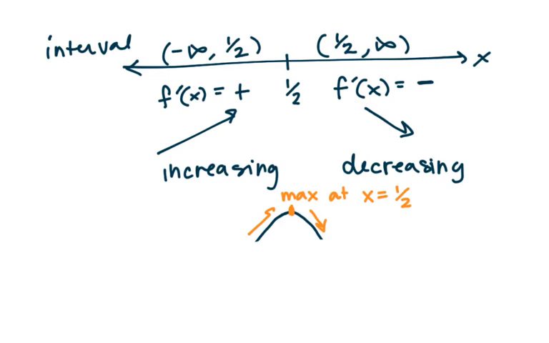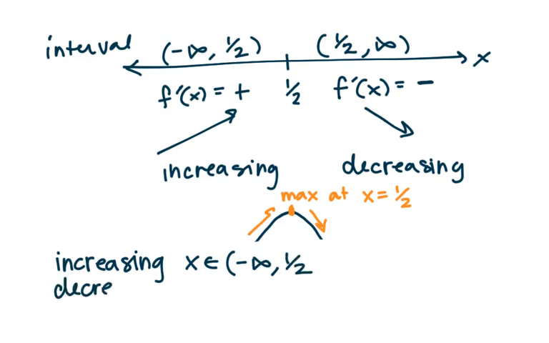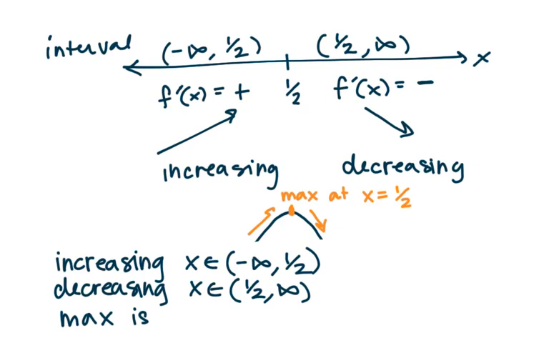So possible answers to this question might be that the graph is increasing when x is an element of the set, or x is on the interval from negative infinity to 1/2. We are decreasing when x is from 1/2 to positive infinity, close that, and the max is f of 1/2 at x equals positive 1/2.